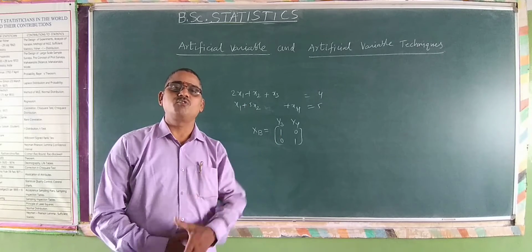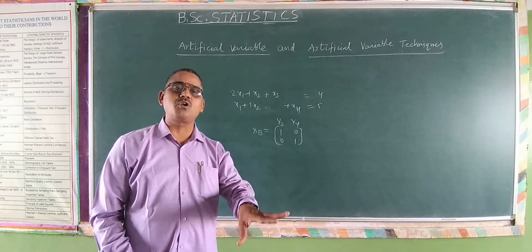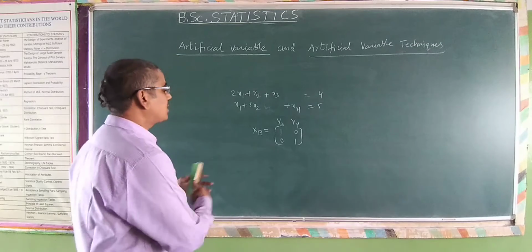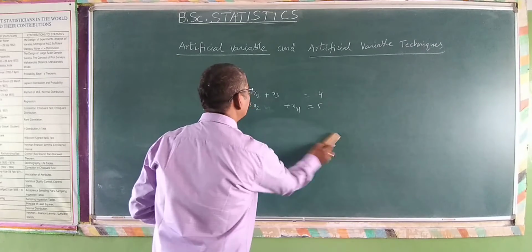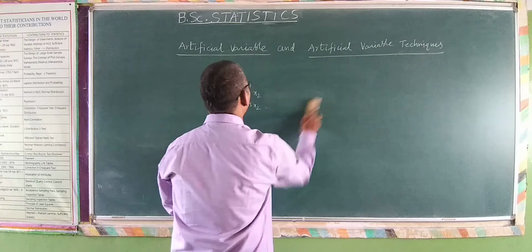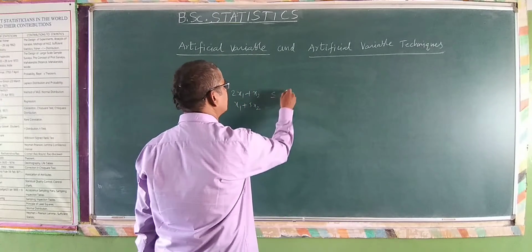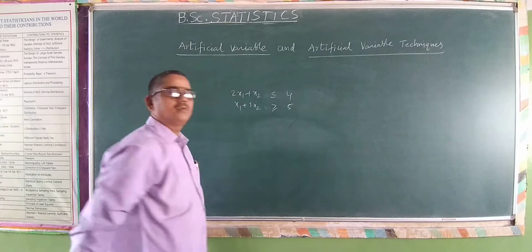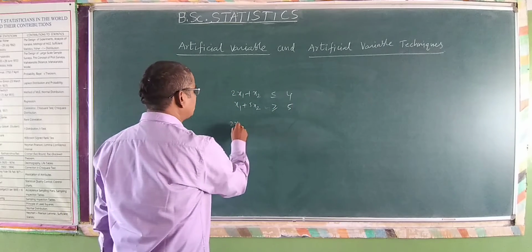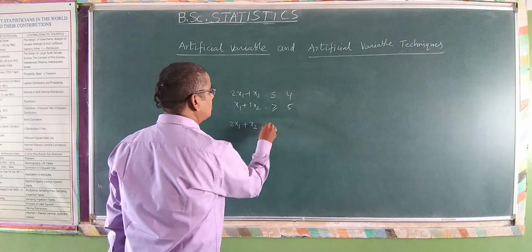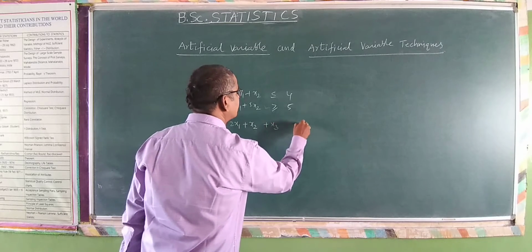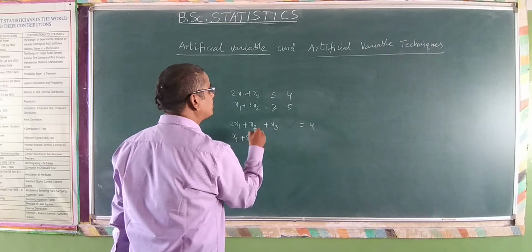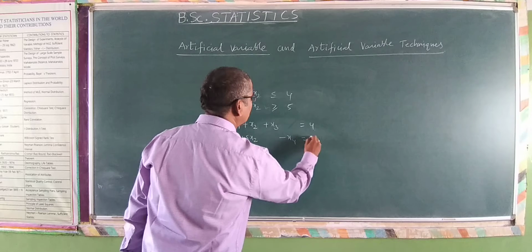If not, which means if the constraints are greater than or equal to, or equal to, for example, say this one is less than or equal to 4 and this one is greater than or equal to 5. For the first one, 2x1 plus x2, we introduce slack variable x3, so plus x3 is equal to 4, and for the second constraint, x1 plus 5x2 minus x4 is equal to 5.